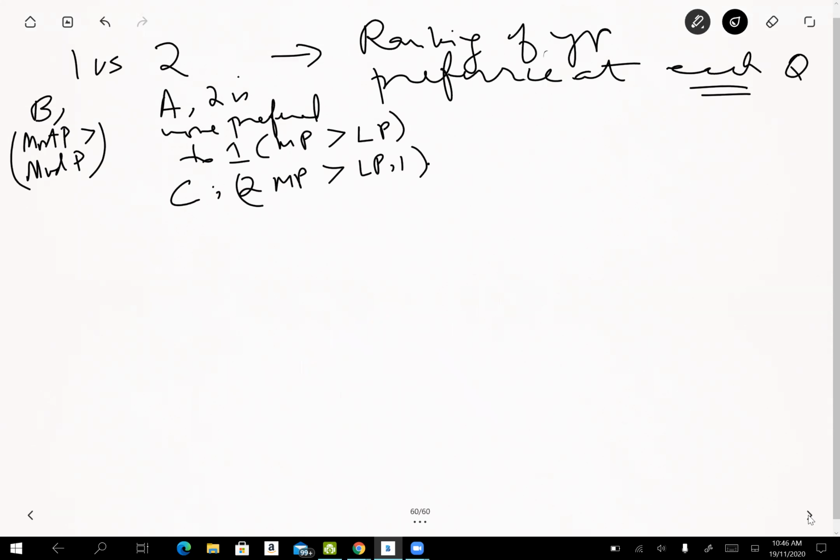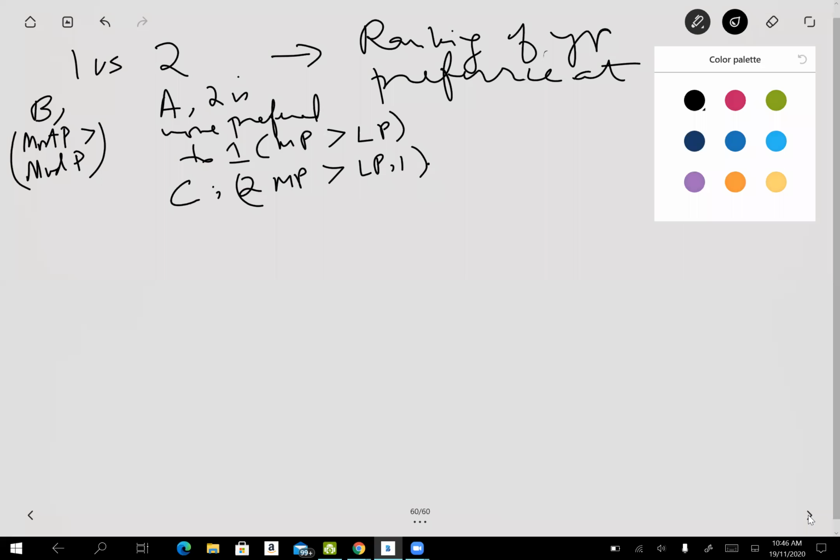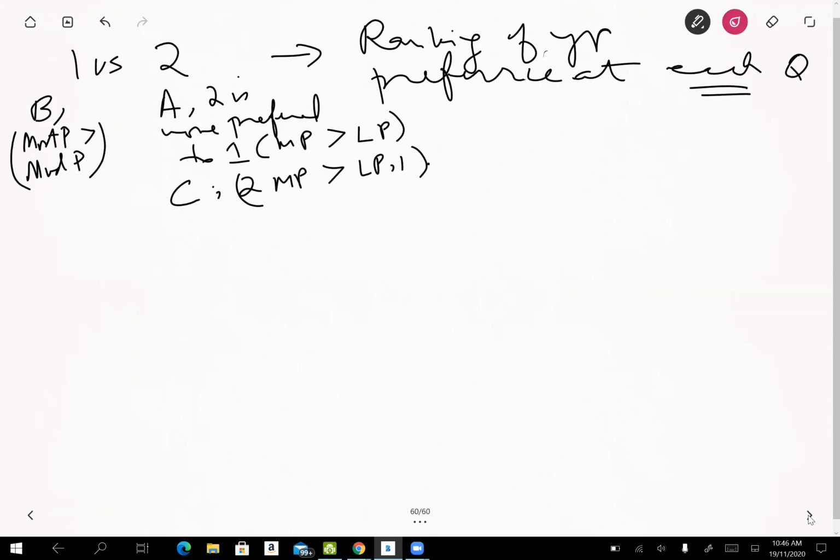So you'll see here, 2 people vote for 2, A and C, and 1 vote for 1.